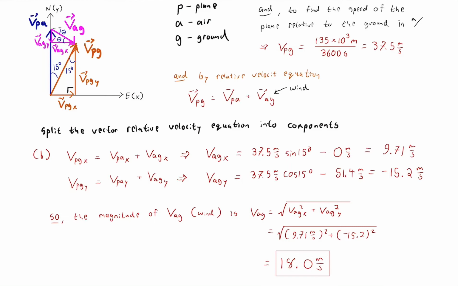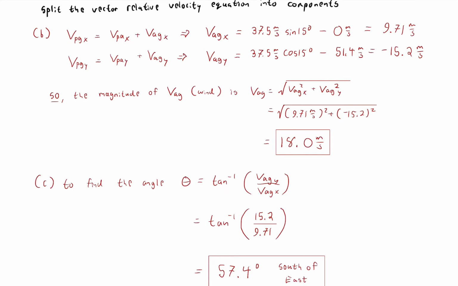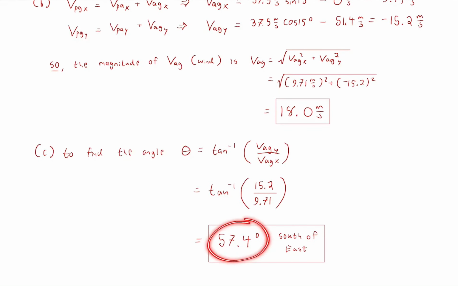Why can I do that? Because this angle here equals this angle, and so opposite over adjacent is vertical over horizontal, or north over east. So I plug in my numbers, 15.2 and 9.71, which I know from here, and I get an angle of 57.4 degrees. And I know that that angle, based on my figure, is south of east.